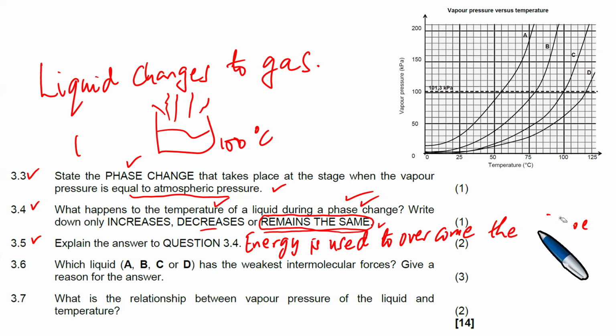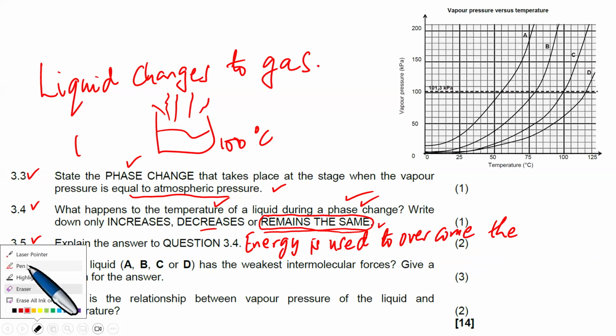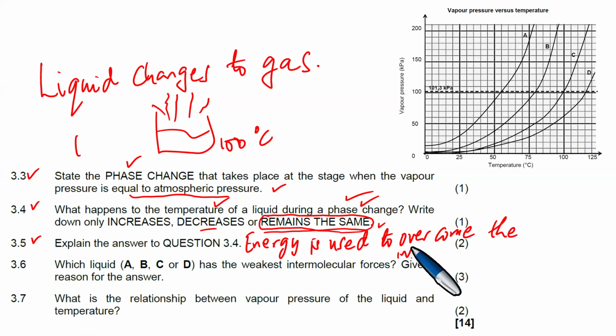So energy is used to overcome the intermolecular forces. And the kind of energy is heat energy. So the energy manifests as heat.